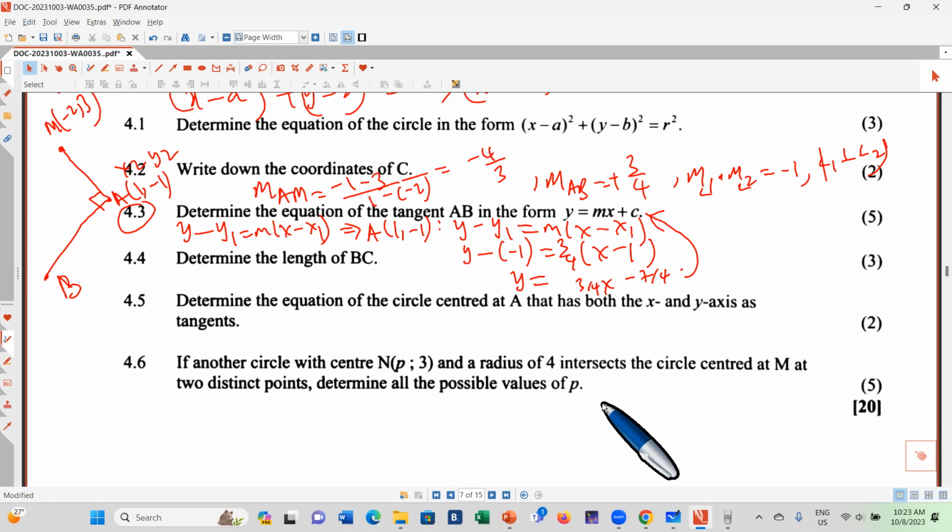This lesson is recorded, so you will watch everything and make sense of everything we discussed here. 4.6. Determine all possible values of P. What is the answer?